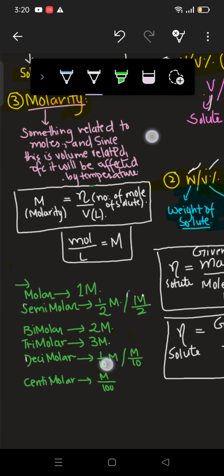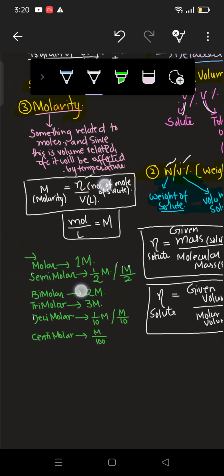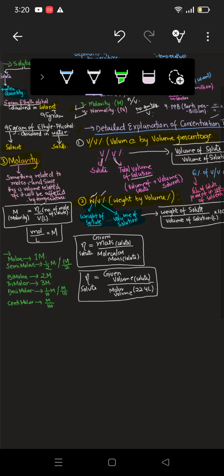Then you need to put the number of moles in this formula and divide by the volume of the solution to get the molarity, right?